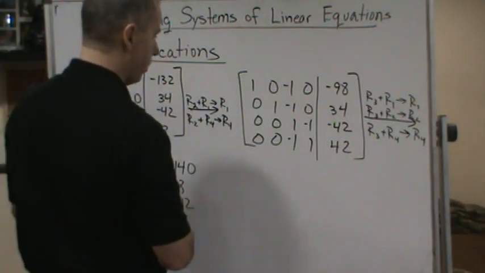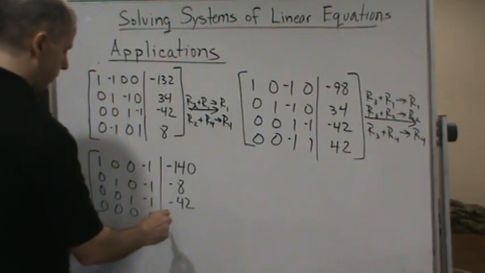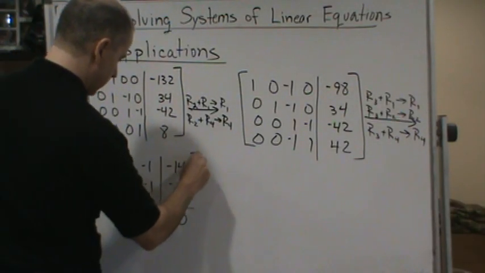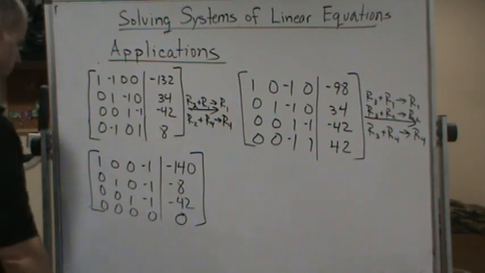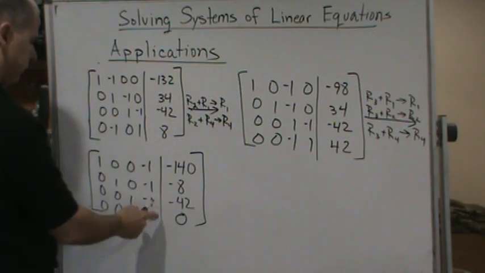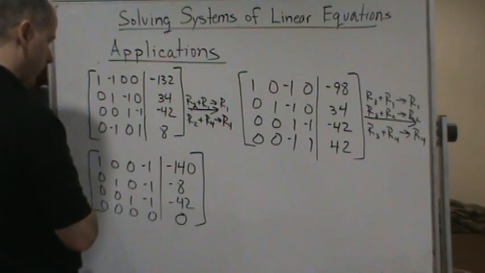And the last row is -42 plus 42 gives us 0. And so now we have a dependent set of equations here. Which in this case it looks like x4, the flow rate for x4, is going to be free.